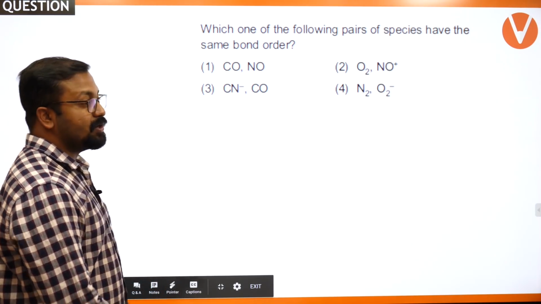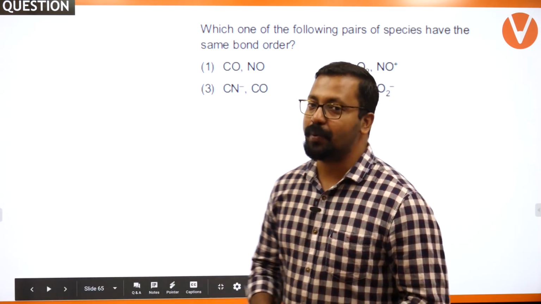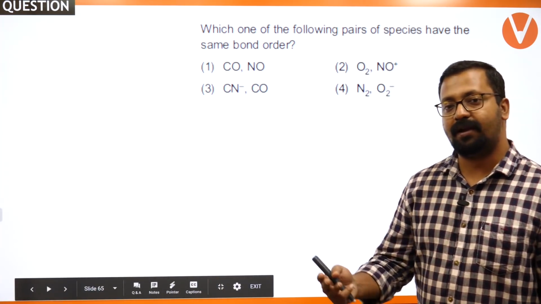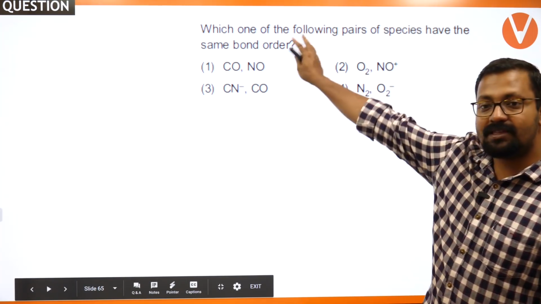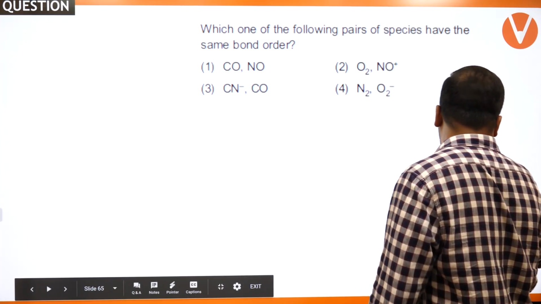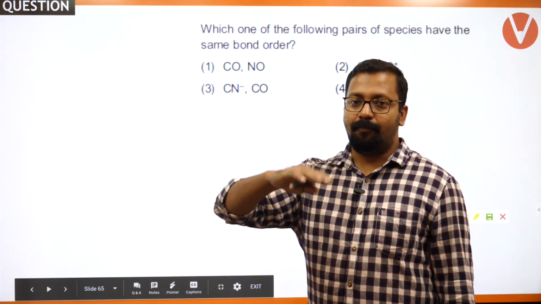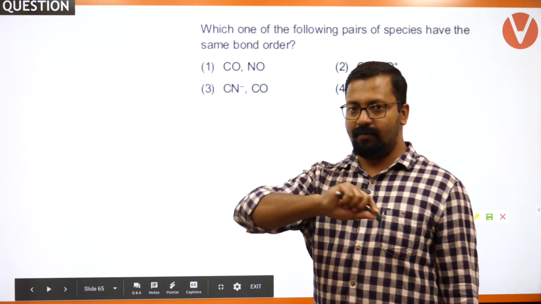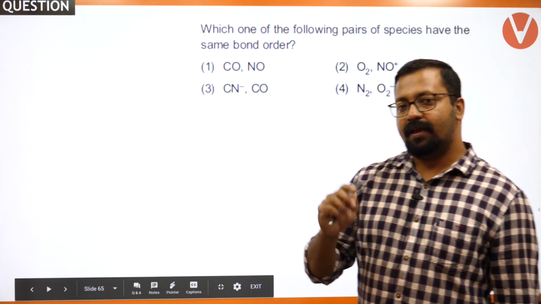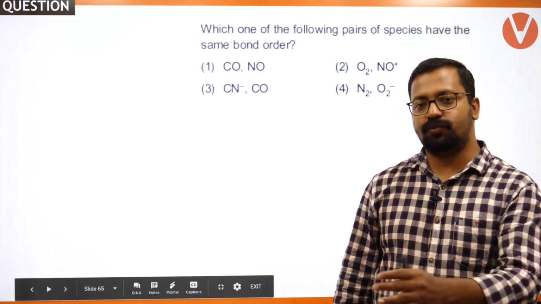Next, which of the following pairs of species have the same bond order? Yesterday also we saw a question on bond order, so bond order keeps getting repeated. Please do solve some more questions on bond order. How do we solve? I told you, 14 electrons as the base: plus 1 electron reduces bond order by 0.5, minus 1 electron also reduces bond order by 0.5.